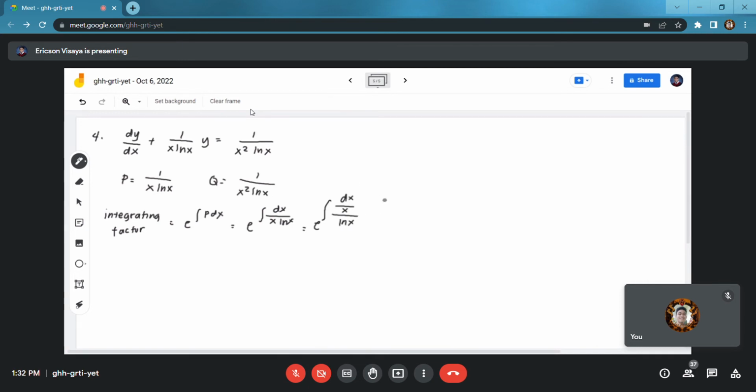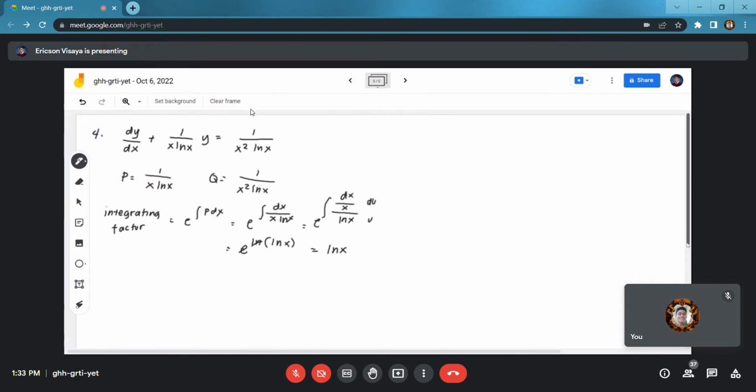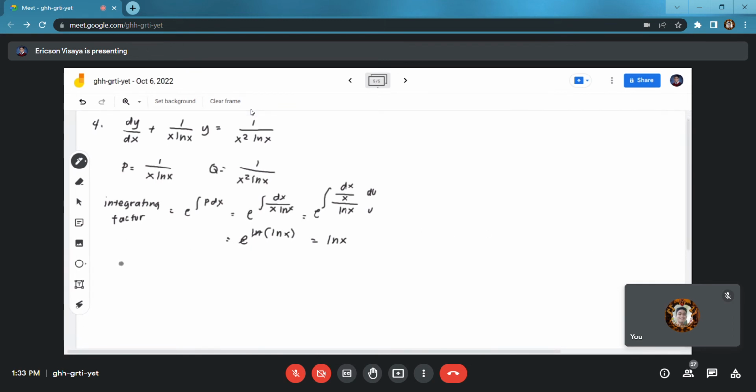Notice this is our du and this is our u. So our answer is e raised to ln of ln x, since the integral of dx over x over ln x is ln of ln x. These cancel, so the integrating factor is now ln x. After identifying the integrating factor, we proceed to step 2.